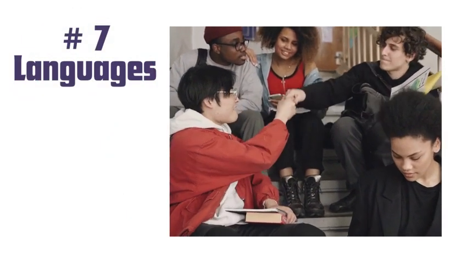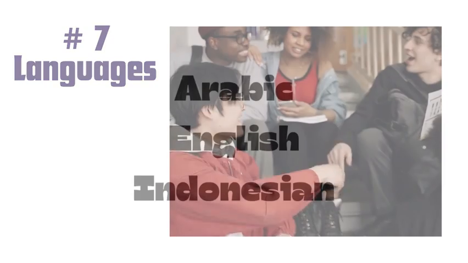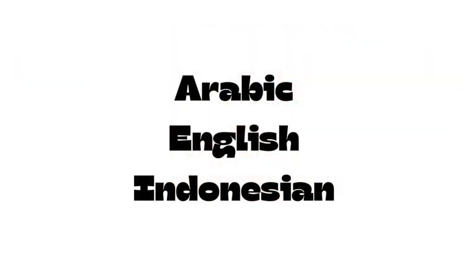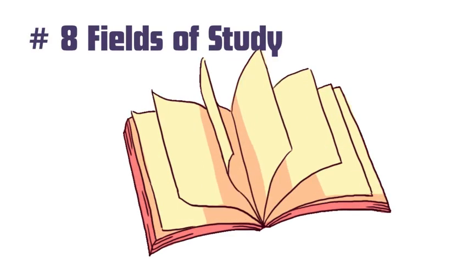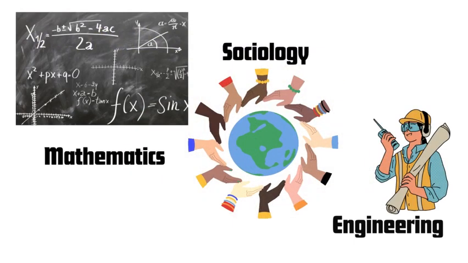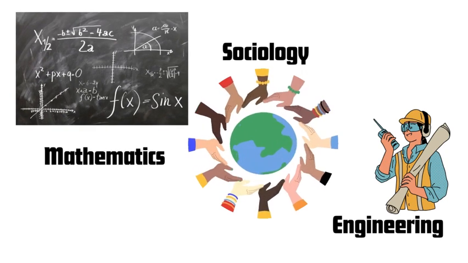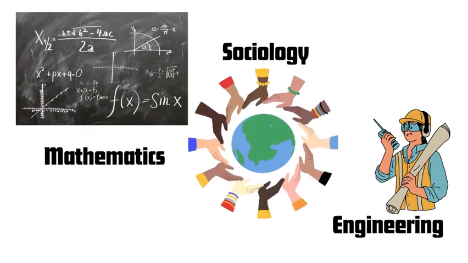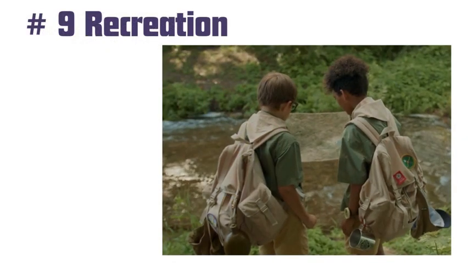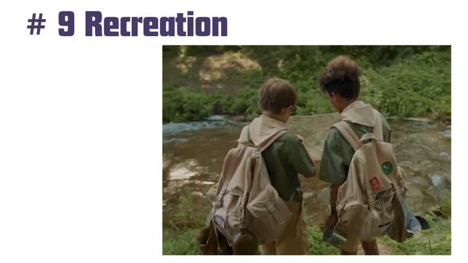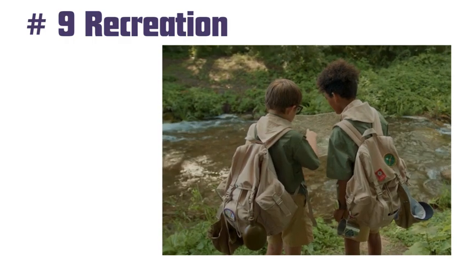Number 7, languages. For example, Arabic, English, and Indonesian. Number 8, fields of study. For example, mathematics, sociology, and engineering. Number 9, recreation.